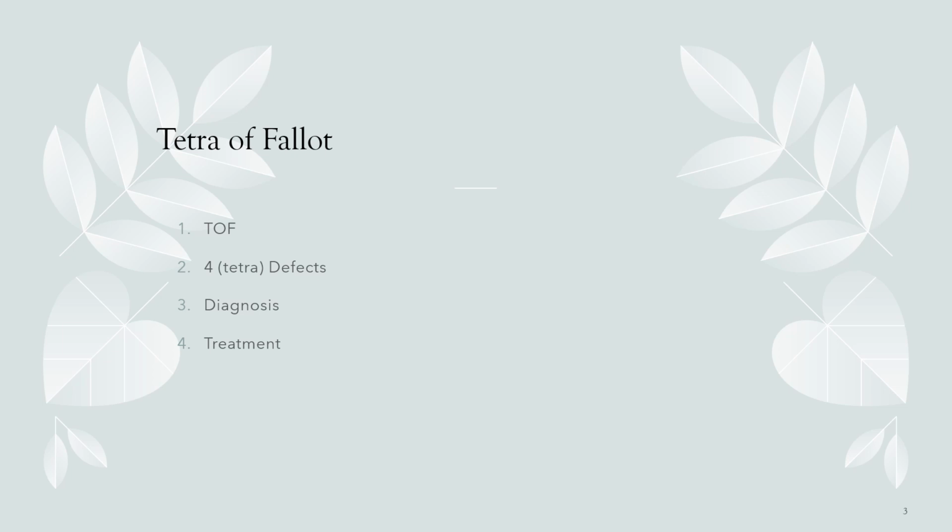So the severity of symptoms usually depends on three things: the degree of the pulmonic stenosis, the position of the aorta, and the size of the VSD. Now, diagnosis is usually done with echo and can be done prenatally. With treatment, we have cardiac repair surgery, which will attempt to fix the septal defects and RVOTO.